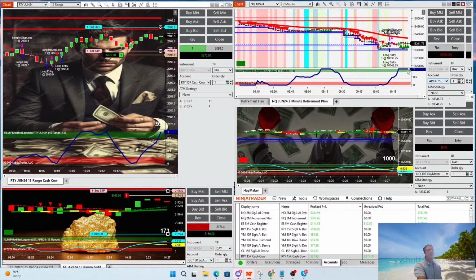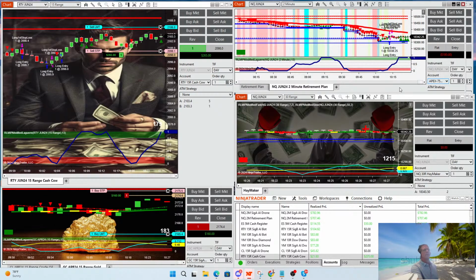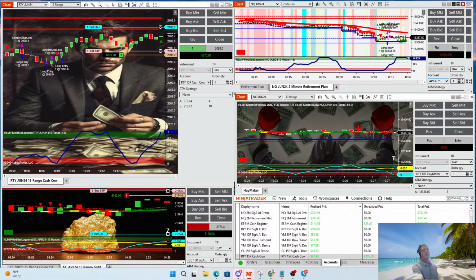Momentum in our Laguerre oscillator is pinned to the upside. When it crossed this 20 line, it took this long entry, and just like it did to us on the 30 range, kind of hit our stop, and here we go.